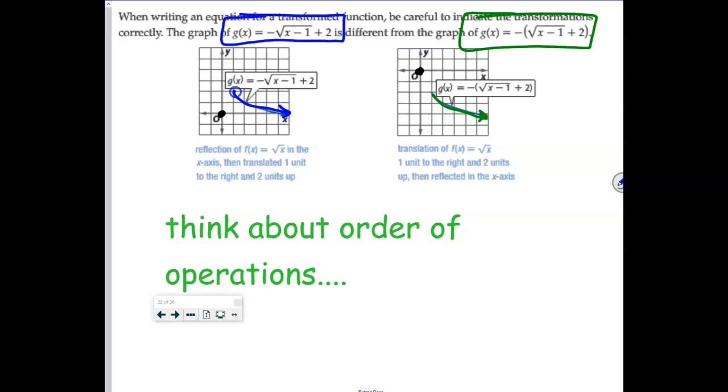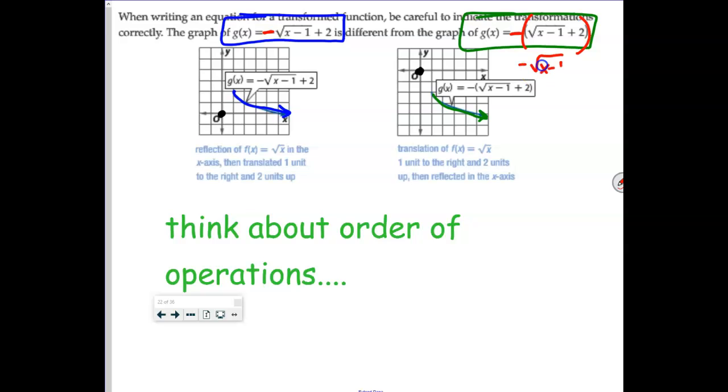And that has to do with the order in which they applied the transformations. So this one right here, the big difference is this one has the reflection applied first, before the plus 2 shift, and this one has the reflection applied at the end of the problem. Because what's going to happen to that plus 2?